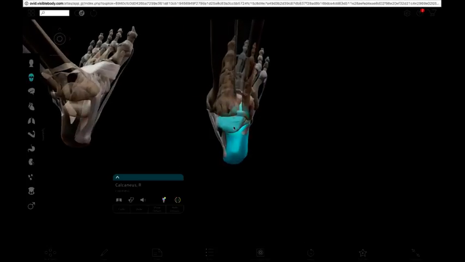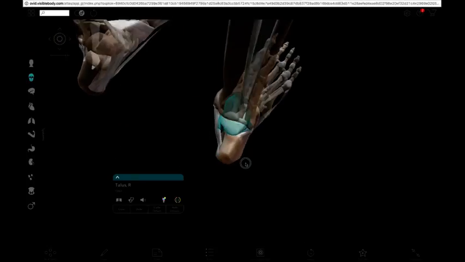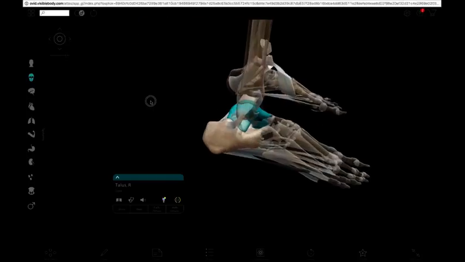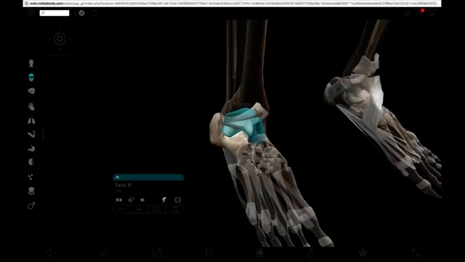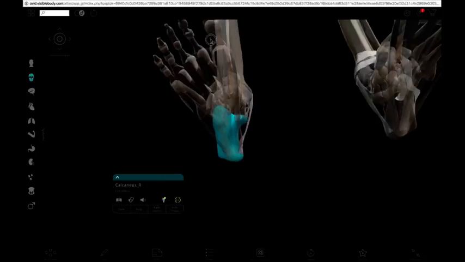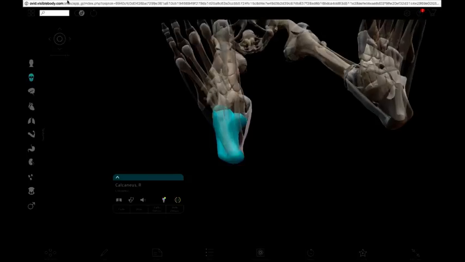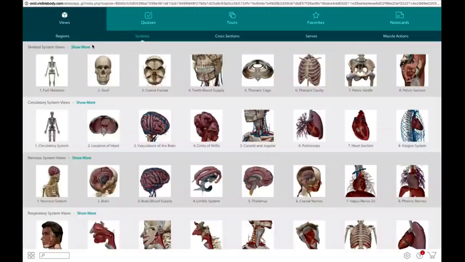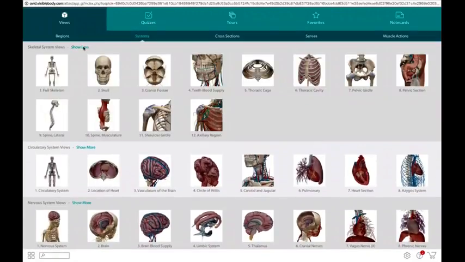And then if you look, we also have a talus that articulates with the calcaneus. Then we're going to have some other bones in the foot, and this is probably the best way to view them. I'm going to check something, see if we have another view of feet. I think this is going to be our best one.